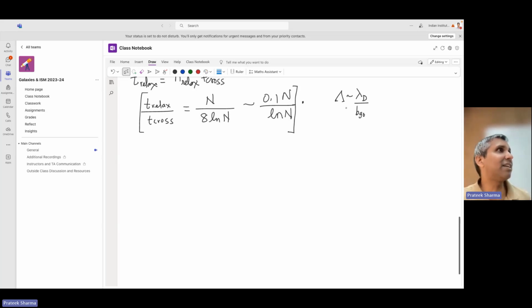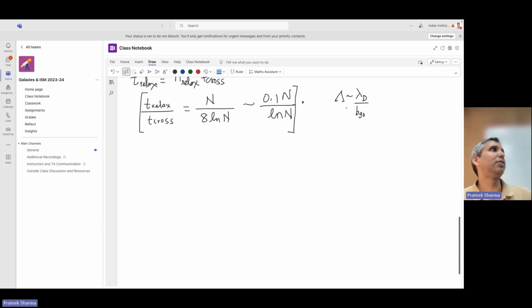In a plasma, there is something called the Debye length. So if you put a charged particle in a plasma, the other charges will move and shield the presence of this test particle over a scale of order the Debye length.